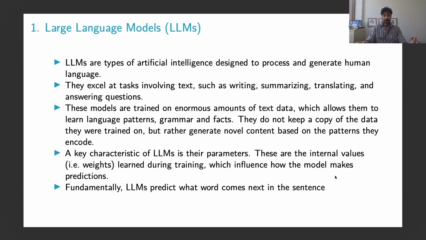Now, these models are trained on enormous amounts of text data, which allows them to learn language patterns, grammar, and facts. So when we're generating these models, you can think of it as sort of a child learning to speak, right? We're starting with understanding the nuances of grammar and understanding those relationships. A key thing is they don't actually keep a copy of the data that they were trained on.